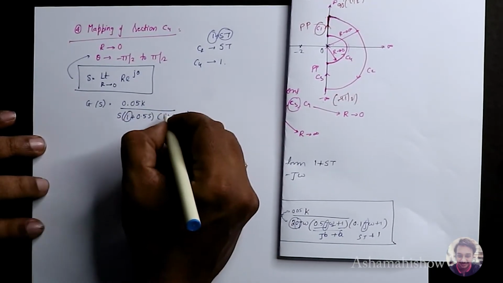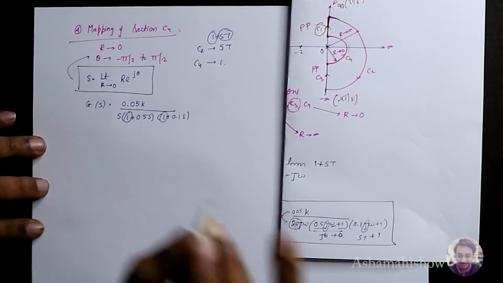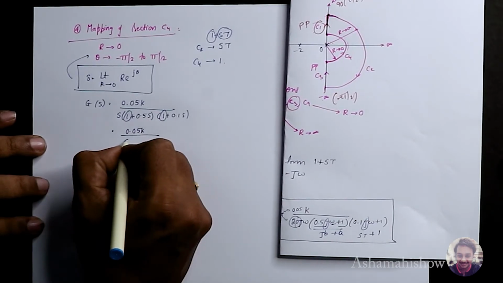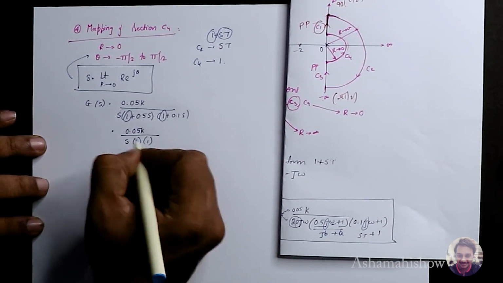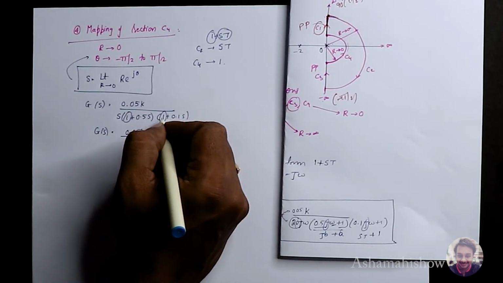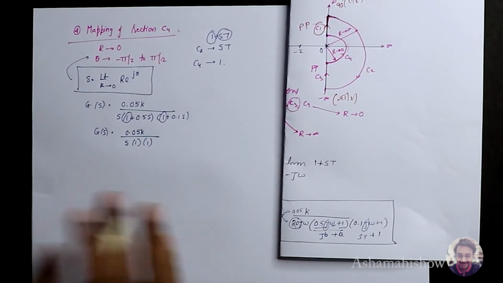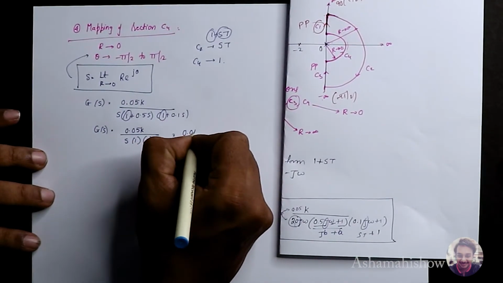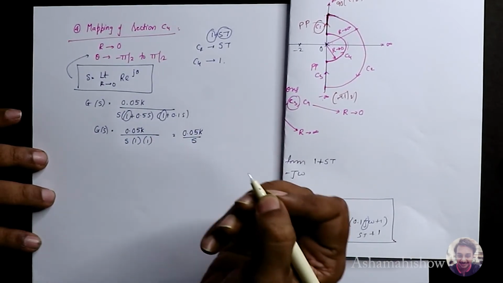I'll take only 1 and eliminate ST. So this is 0.05k by s into 1. If we have 2 plus 0.1 s, you have to take 2. You don't take only 1 into 1. So this becomes 0.05k by s.